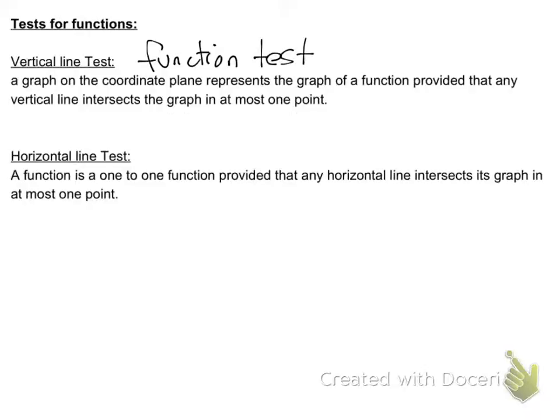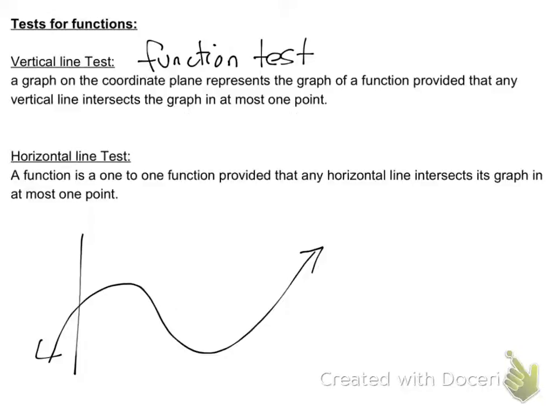In other words, if I had this graph here, and I draw vertical lines. Remember, vertical lines are straight up and down. Yes? If I draw a vertical line, and it only touches the graph once, it's a function. But you can't just do it once.